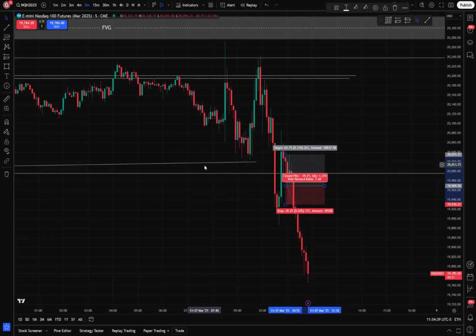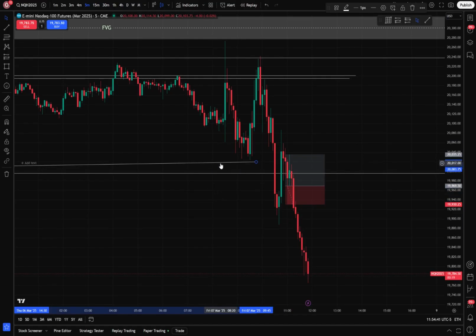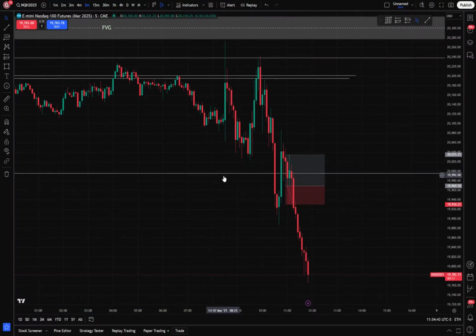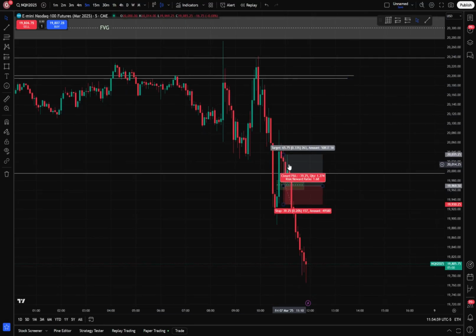Keep in mind, all these lows, when you're trading, are important levels. For example, we will trade a counter trend. With this strategy it is possible to trade counter trend, and it is possible to trade continuation. So I just got in right there on the 5-minute bullish fair value gap, and I took my bite. I don't want the whole move. I'm not expecting price to deliver all the way up here again, right?